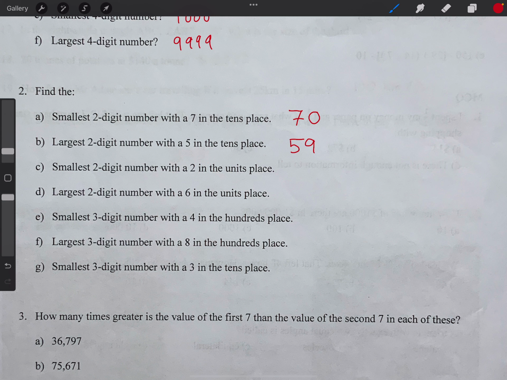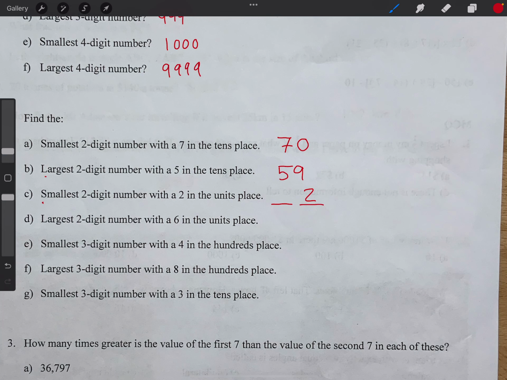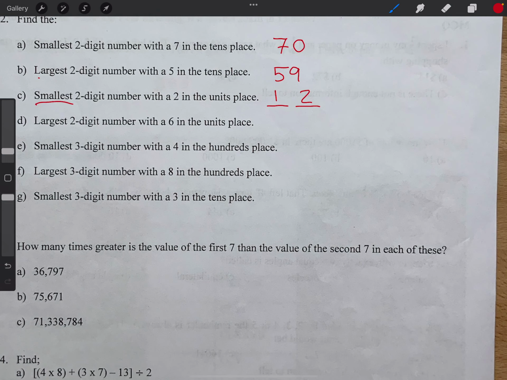Smallest 2-digit number with 2 in the units place, so that means this will be a 1, 12. Question D is the largest 2-digit number with a 6 in the units place. The largest will be 96.